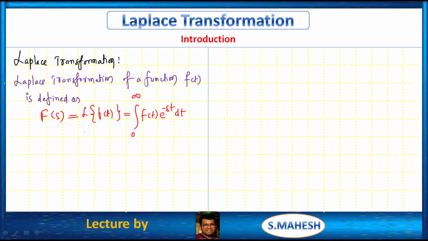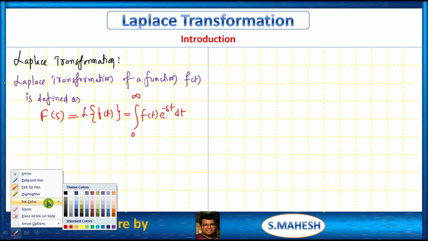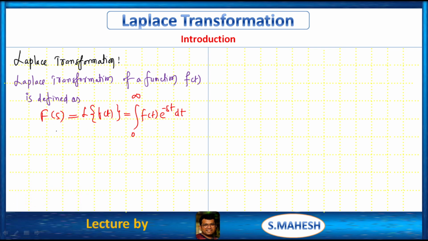So we are converting the t domain to the s domain, right? F of s comes under the frequency domain, that is the s domain. F of t represents what? Time domain.